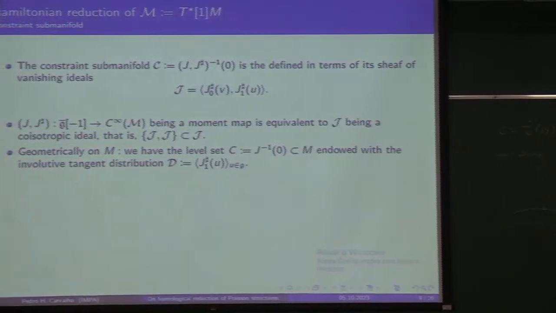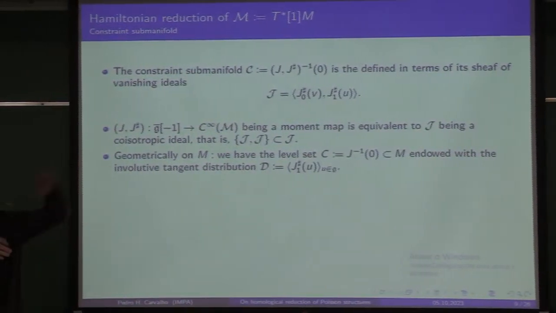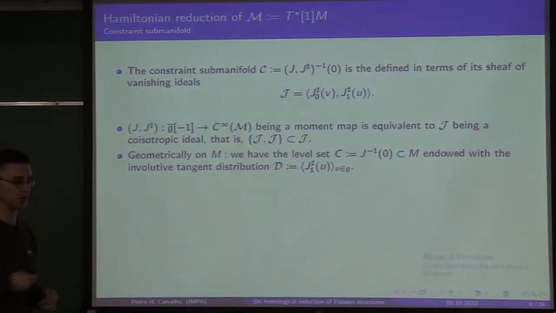which looks pretty much like something that you want to consider as some reduction data, right? So a manifold, and you have some distribution. It's integrable because this condition here implies that it's involutive. So it implies that this distribution here is involutive, but only on the constraint submanifold.